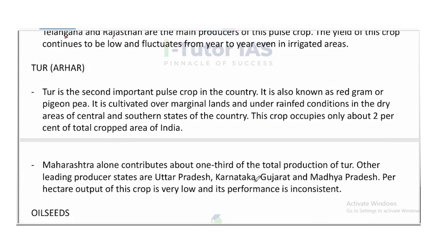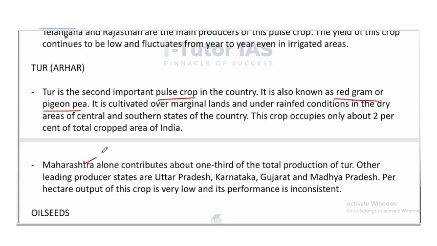Thur is the second important pulse crop in the country. It is also known as red gram or pigeon pea. It is cultivated over marginal lands and under rain-fed conditions in the dry areas of central and southern states of the country. This crop occupies only about 2% of total cropped area of India.